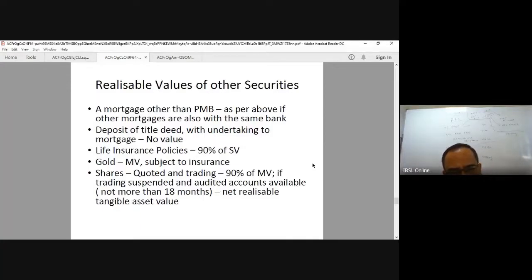Then the life insurance policies: basically we look at 90% of the surrender value. The surrender value is this: if you are taking a life insurance policy, we take a surrender value certificate from the insurance company.